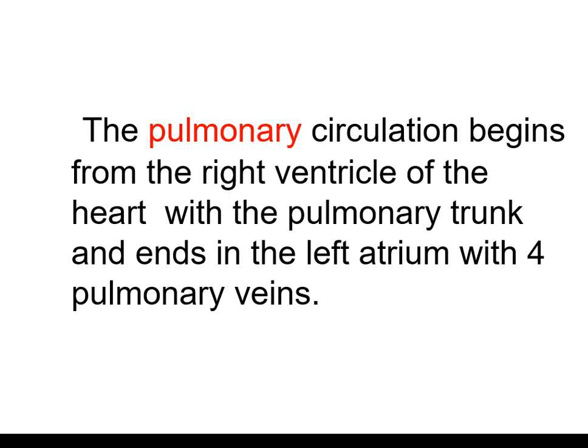Pulmonary circulation originates from the right ventricle and ends inside the left atrium. This circulation is called pulmonary circulation, or the lesser circular ring.